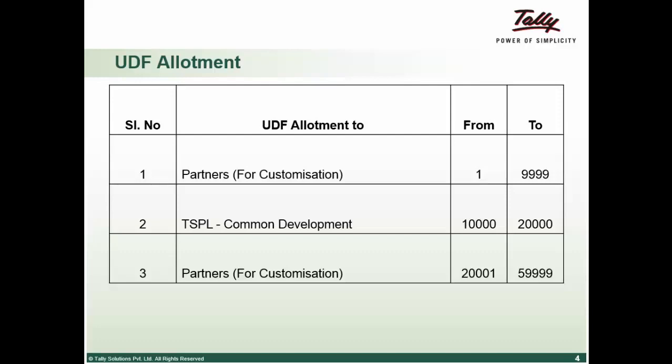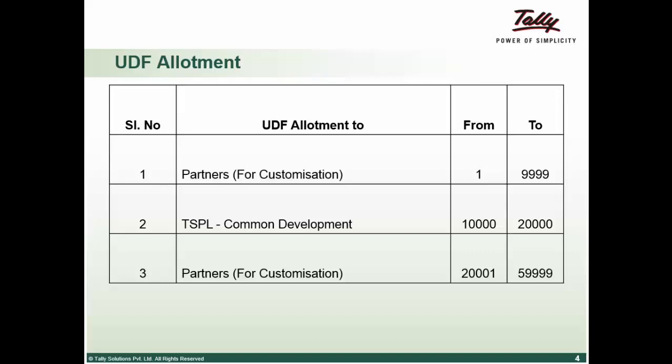Rest all the index numbers from 1 to 9,999 can be used, and from 20,001 to 59,999 can be used. However, at the initial stages of Tally, Tally has already used index numbers 1 to 29.